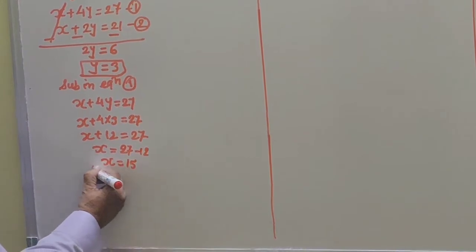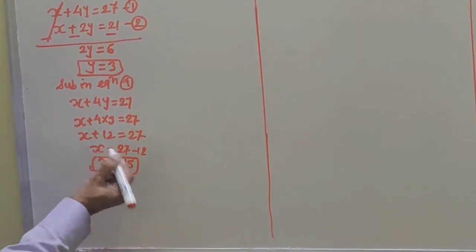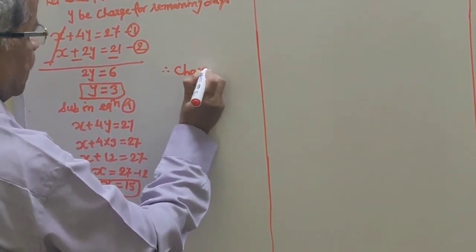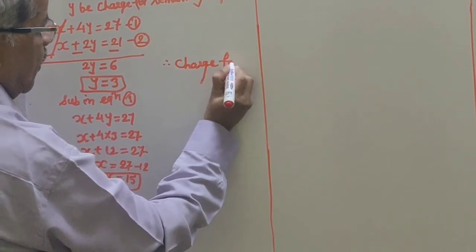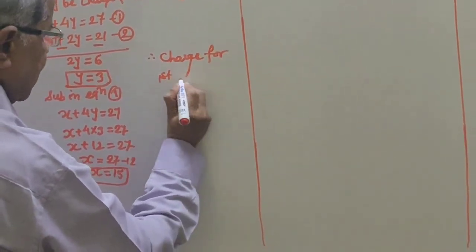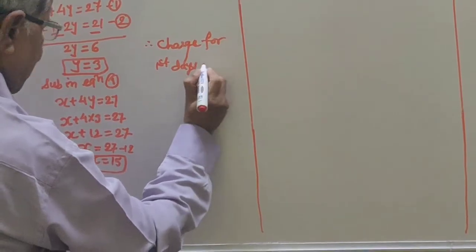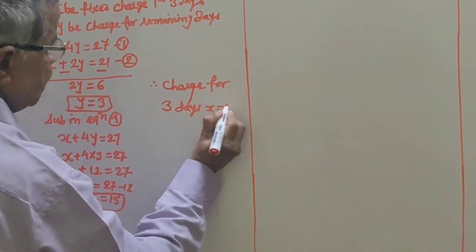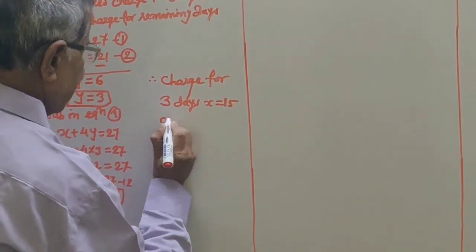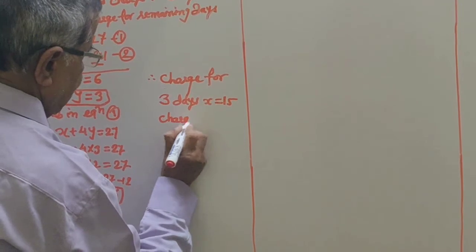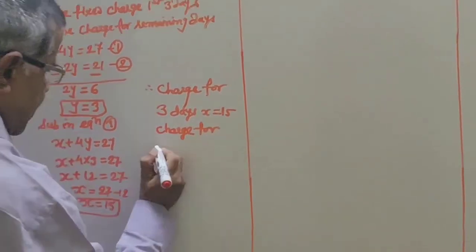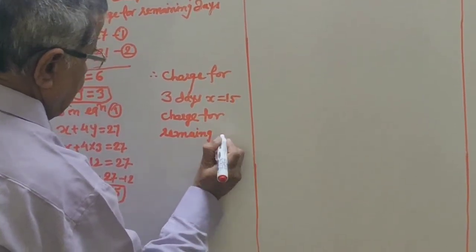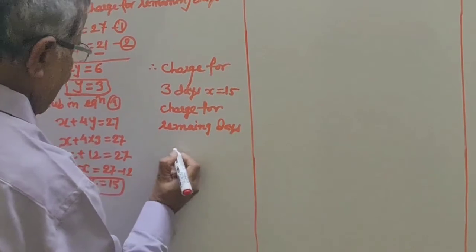Means the charge for the first 3 days, that is X, is equal to 15, and the charge for each remaining day, Y, is equal to 3.